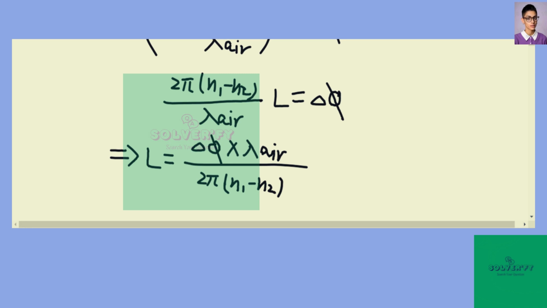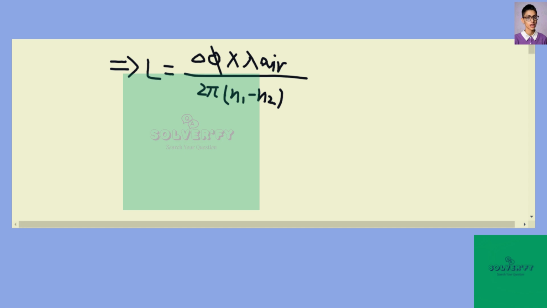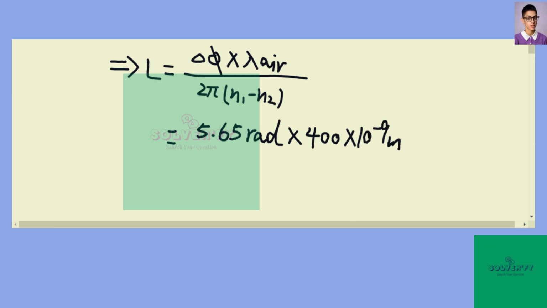So if we plug in the values, we know the phase difference is 5.65 radian. The wavelength in the air was given as 400 nanometer, which is 400 times 10 to the power of negative 9 meter, because 1 nanometer is equal to 10 to the power of negative 9 meter, over 2 pi times n1 minus n2. n1 from the question was given as 1.60, n2 is 1.50, so 1.60 minus 1.50.